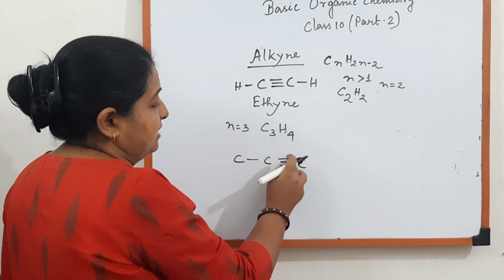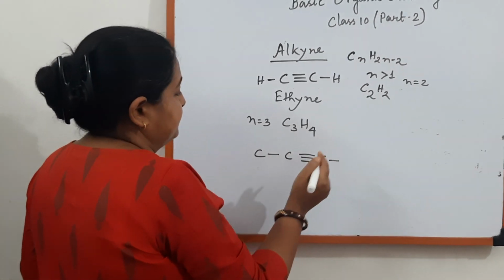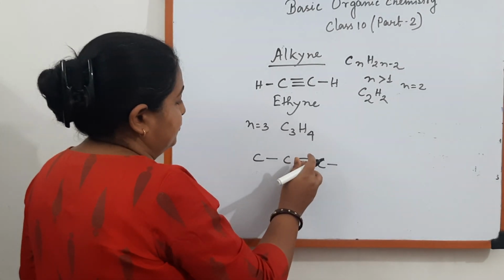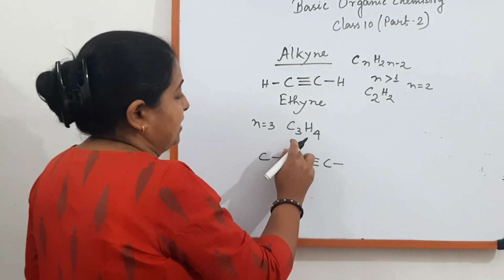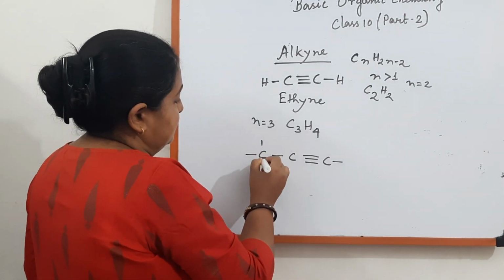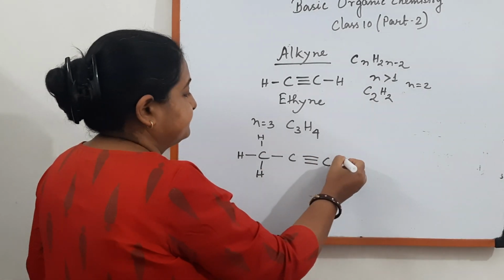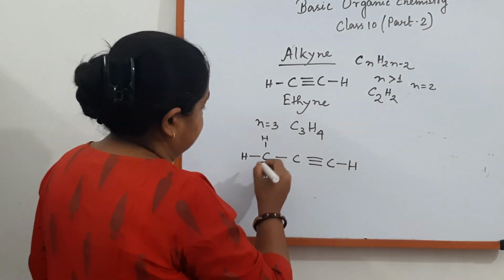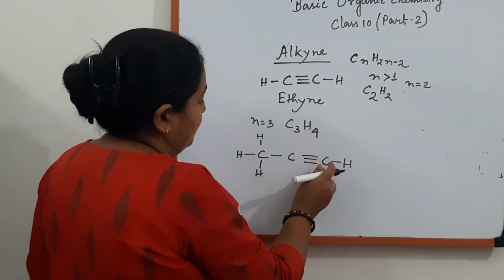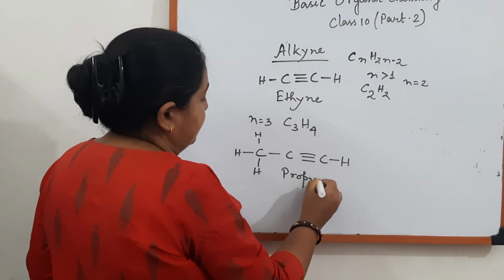For this carbon, how many are occupied? 3, and the remaining 1 is left. For this carbon, 1, 2, 3, 4, so all are occupied, you cannot give any hydrogen here. This carbon has 3 left, so put the hydrogens here. So this is nothing but 1, 2, 3, prop, that is propyne.